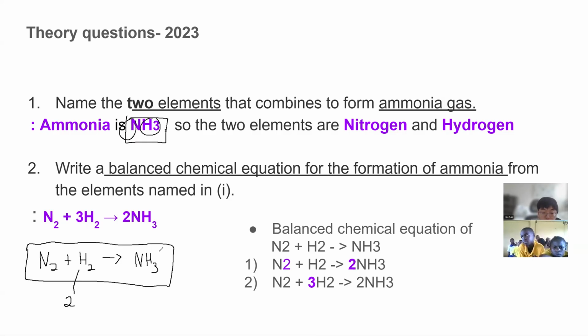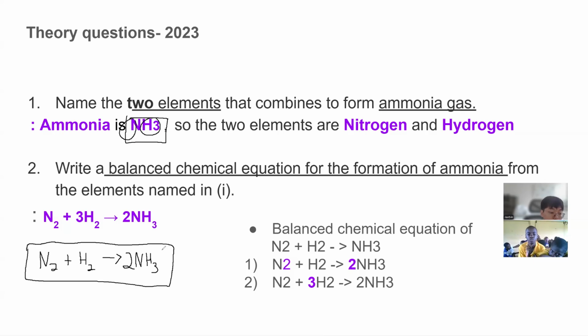How many hydrogens on the right side? Three. So the numbers are different, and we need to balance the equation. What you can do is say that it produces two ammonia. This equation produces two ammonia.